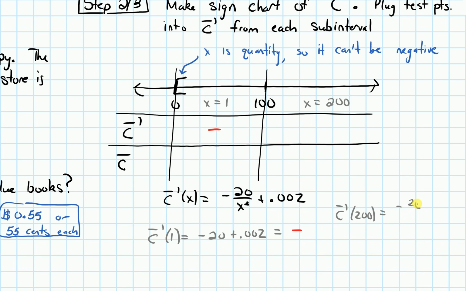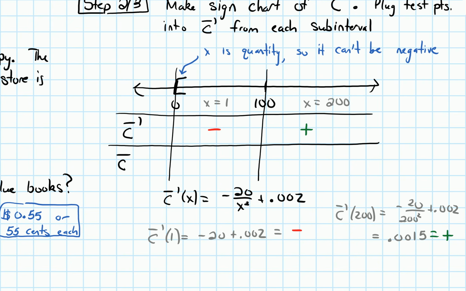We'll get negative 20 over 200 squared plus 0.002. I've worked this out ahead of time using the calculator, and this ends up giving me 0.0015, which is a positive number. So plugging in 200, my derivative is positive.